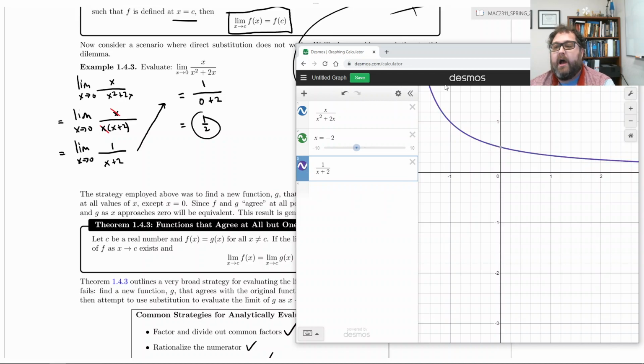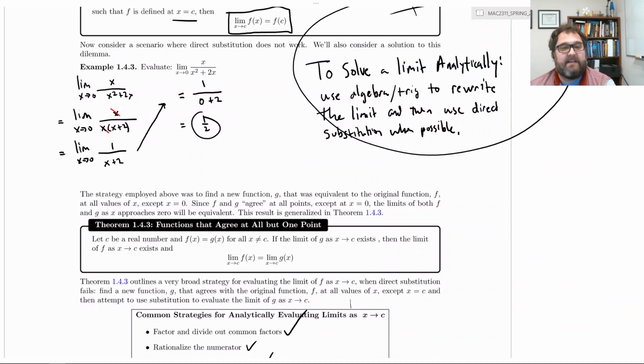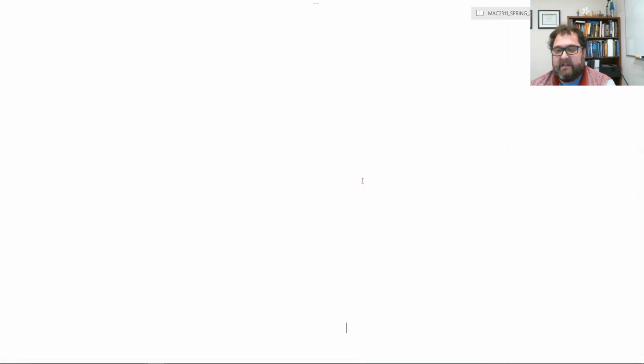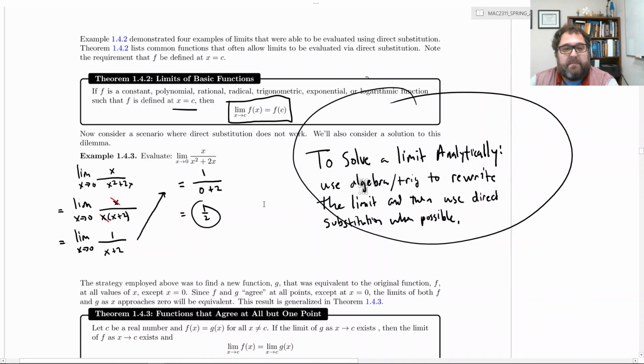So again, our general idea behind solving limits analytically is to simplify using our entire algebraic and trigonometric toolbox of factoring and compound fractions and all that stuff. And if we can simplify enough, we should eventually be able to use direct substitution, just like here with example 1.43.